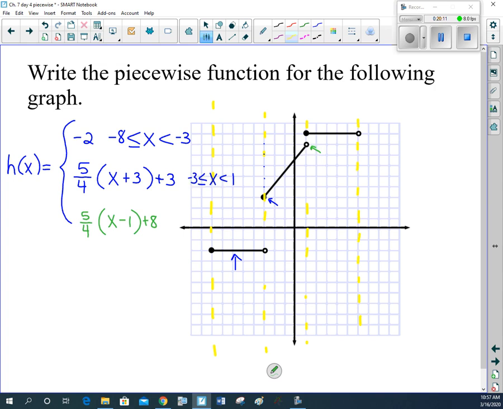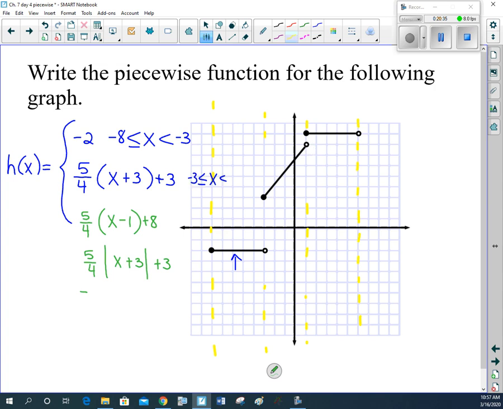We could have viewed this as maybe half of an absolute value symbol. So we could have done 5/4 absolute value of x plus 3, meaning it was the left-hand or right-hand side of an absolute value. Or you could go the other direction and do it as an absolute value facing down.